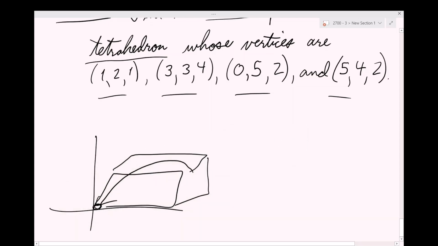Once I do that, those other points will represent the other vectors that determine that box. So let's do this really quick.